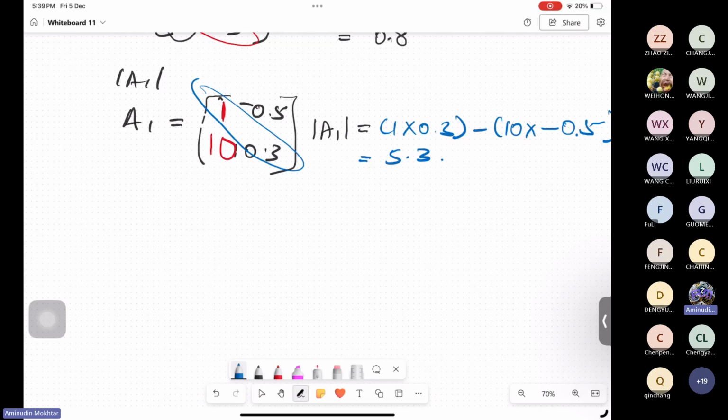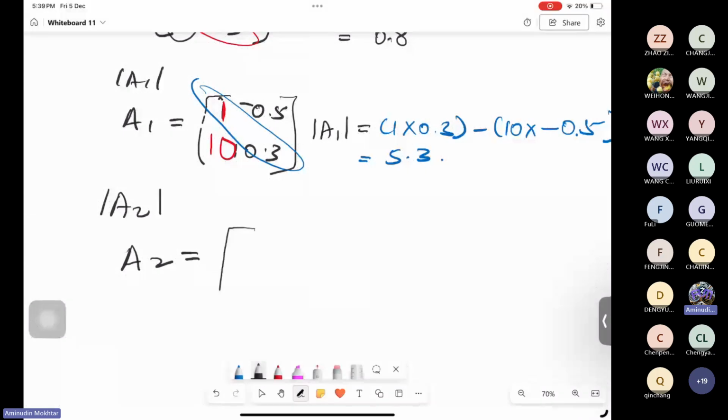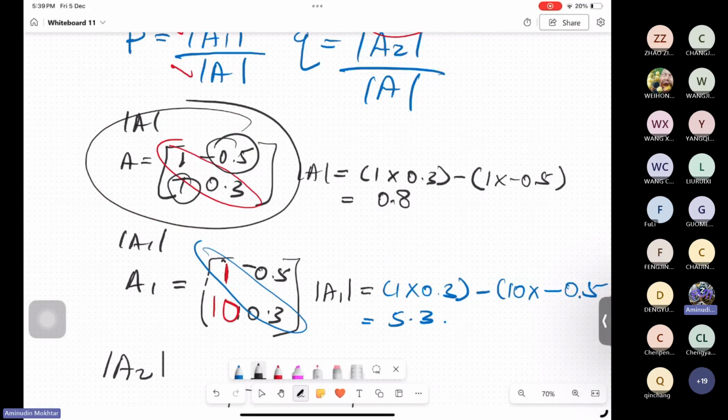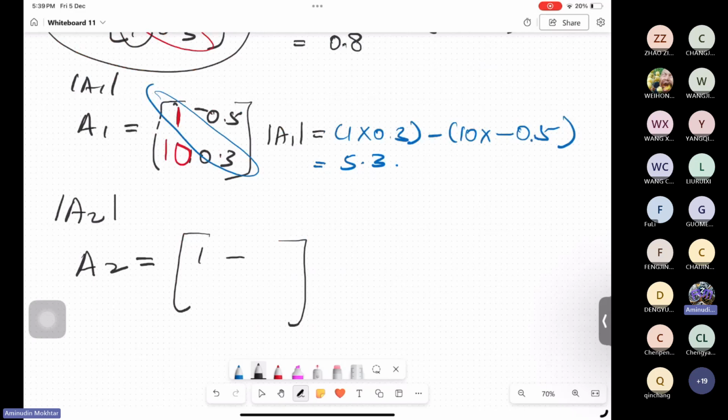Then the next one, we need to find the determinant of A2. What is A2? A2 is also from matrix A. What is matrix A? Matrix A is 1, negative 0.5, 1, 0.3.